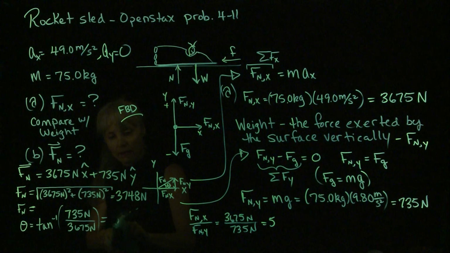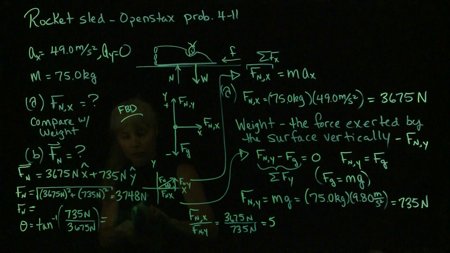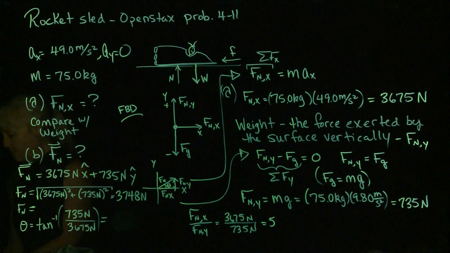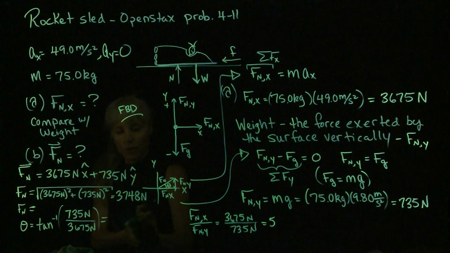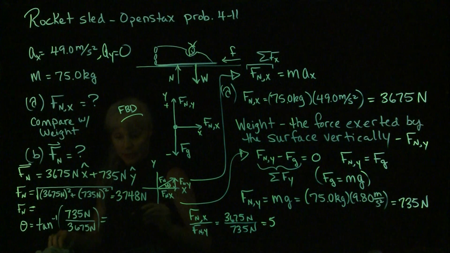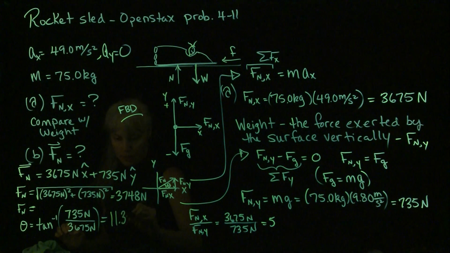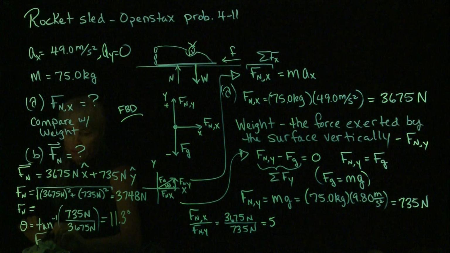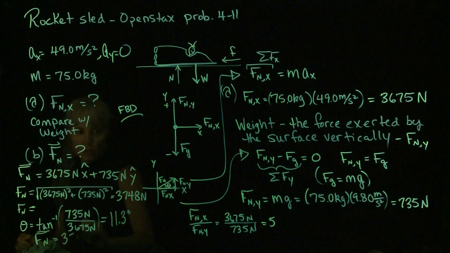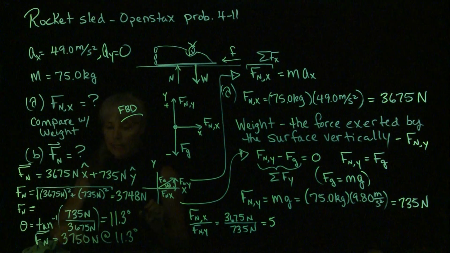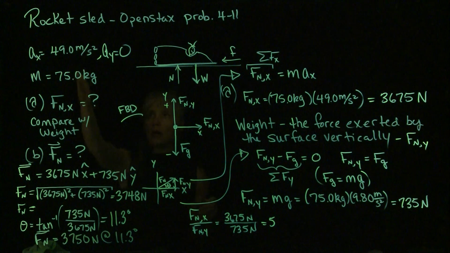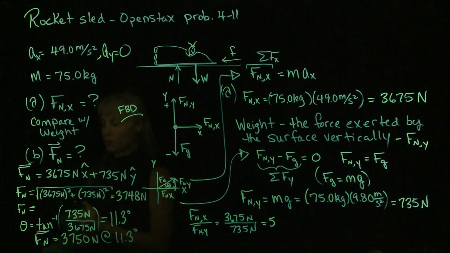And so now we have both pieces of the MAD form of the vector. So remember, the MAD form of the vector has magnitude and direction. So we have both of those. So we can now express it as Fn vector is equal to 3750 newtons at 11.3 degrees, keeping in harmony with the three significant figures which we were given with the initial problem statement.